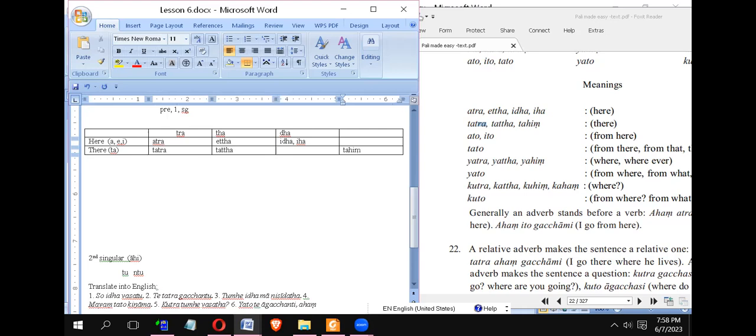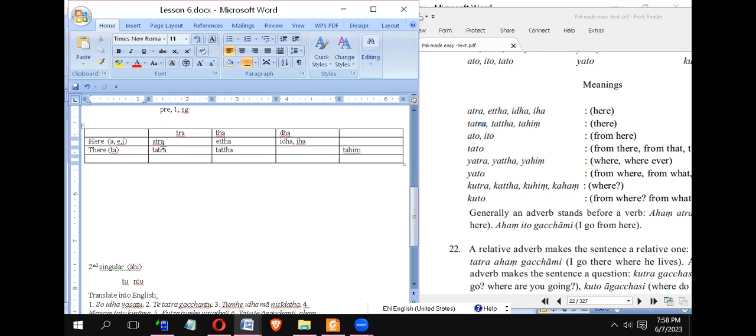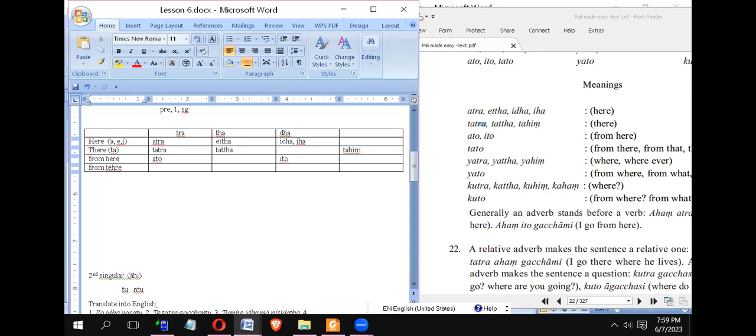So just do like this. So from here will be ato, will be ito. From there, we got the tato. Like this. You all can make a table like this.